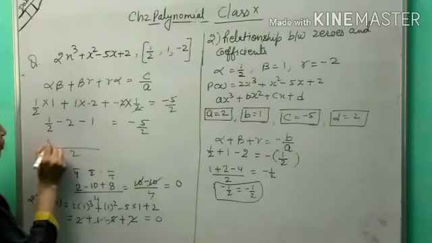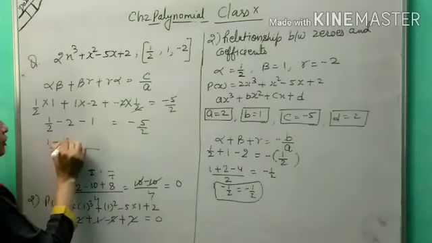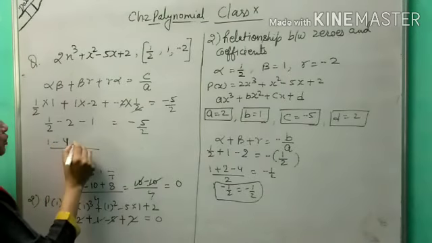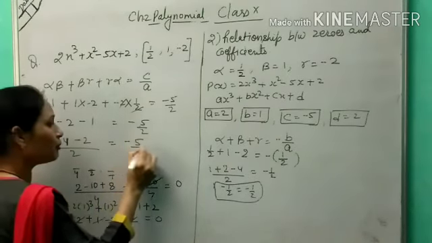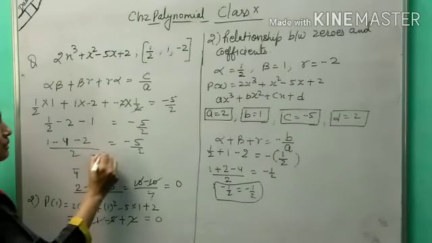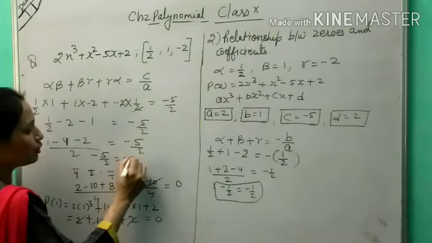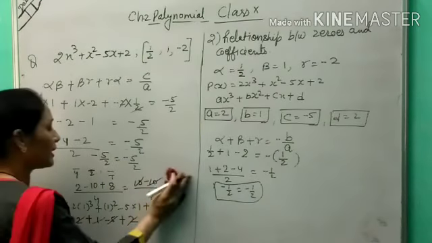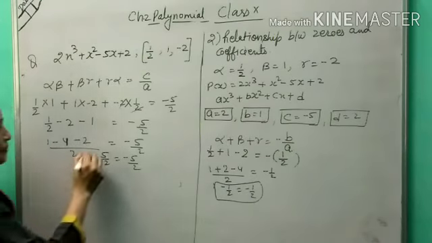Take LCM: 1 minus 4 minus 2, that is minus 6 plus 1, that is minus 5 by 2, is equal to minus 5 by 2. So the second relationship is also verified.